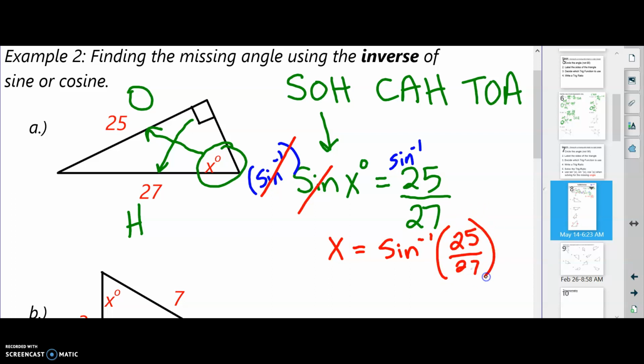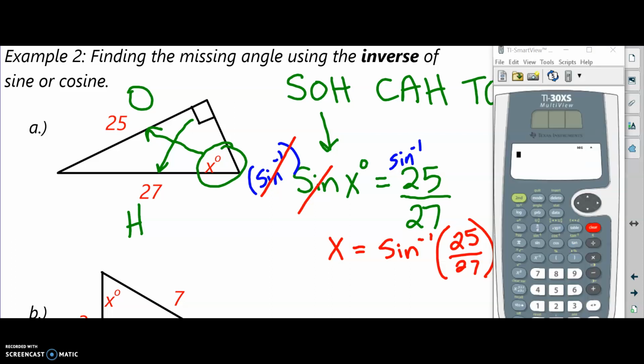Now, calculator. Your calculator is super important this chapter. Again, the best thing that I think you should do would be to get this one. This is the one that I've had on our website for a while. This is kind of the best one.